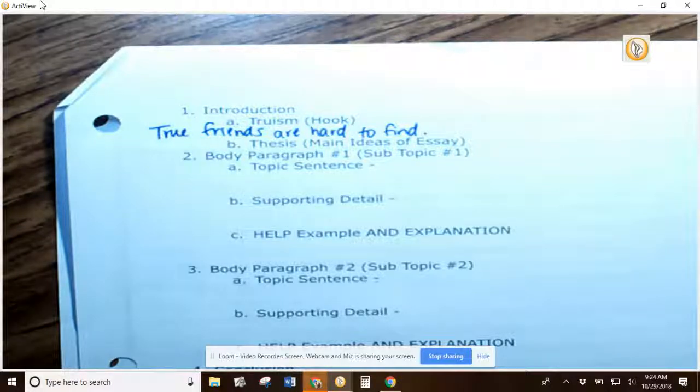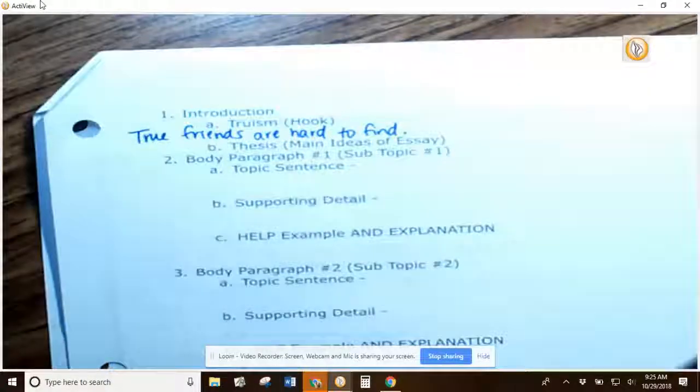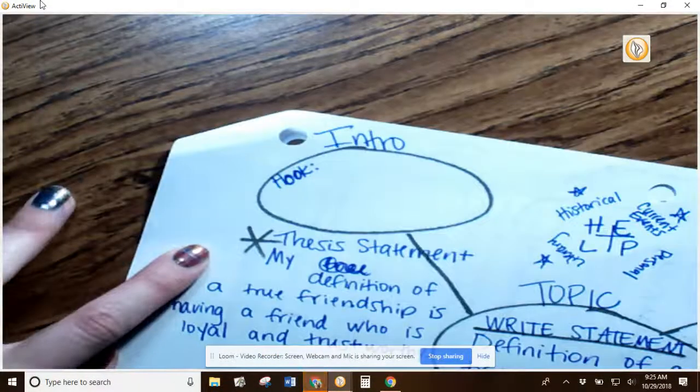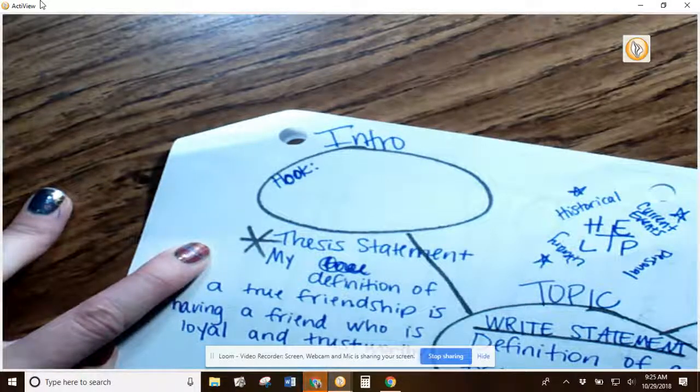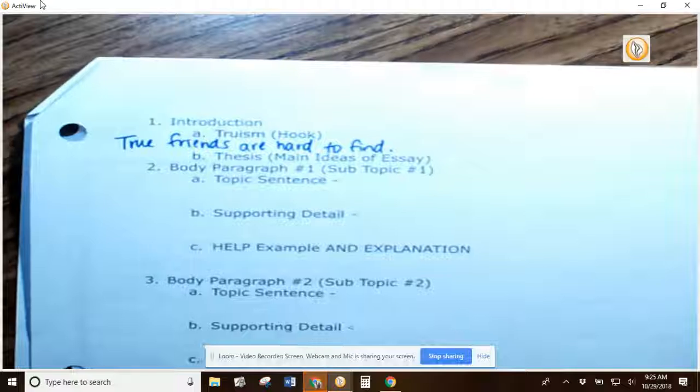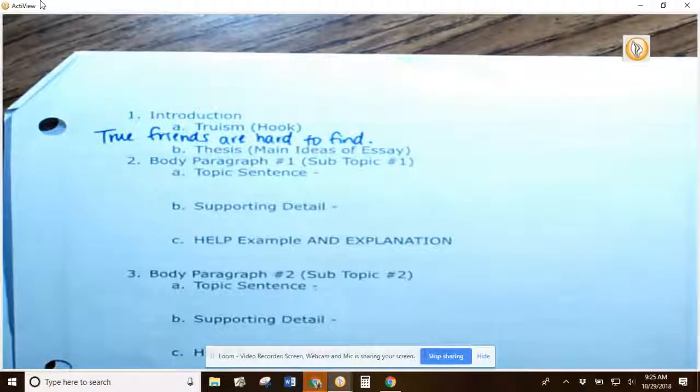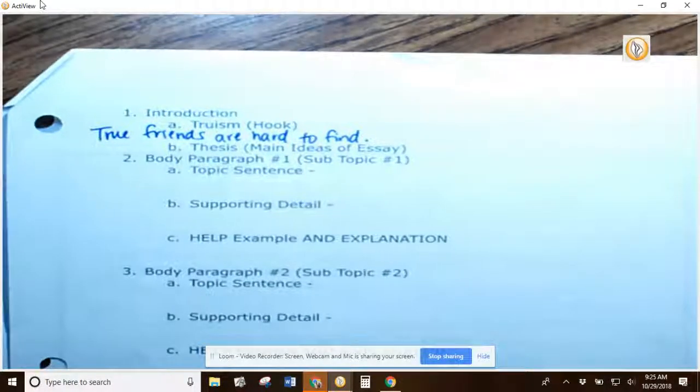Sometimes maybe, but that would be a truism, something that people could apply to their lives and relate to. True friends are hard to find. But then we have our thesis that says, my definition of a true friendship is having a friend who is loyal and trustworthy. So we want to tie that truism with our thesis. Maybe we need one sentence in between.